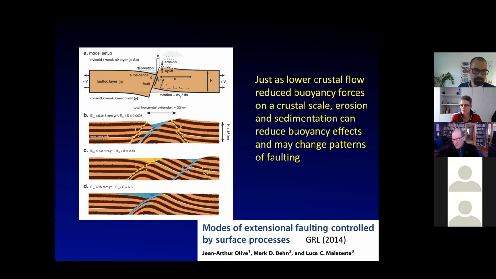I'm just wondering if there's any updated view since your 1993 paper about the role of strain rate on the formation of wide rifts. Oh, on strain rate. I have not done a lot on that.